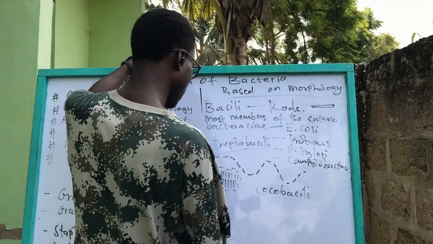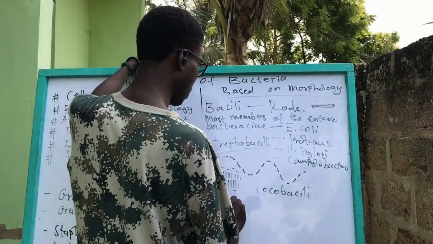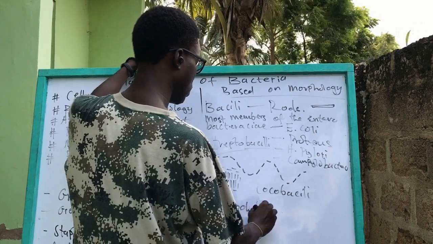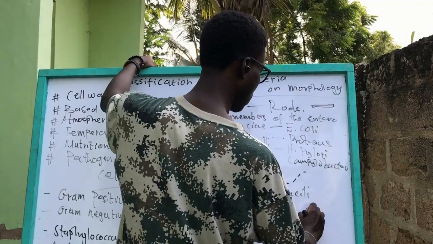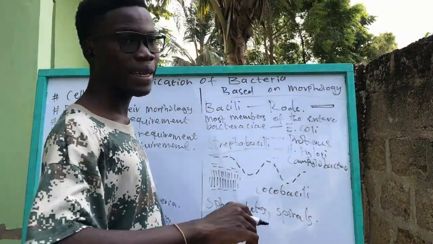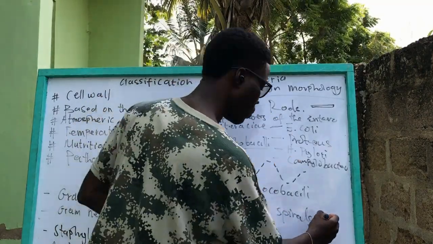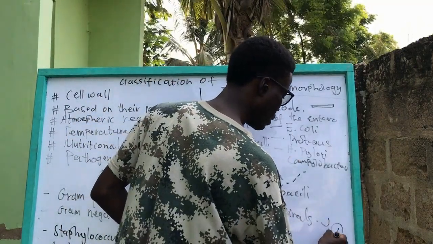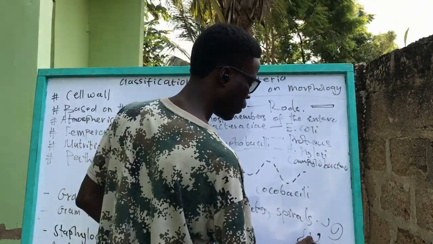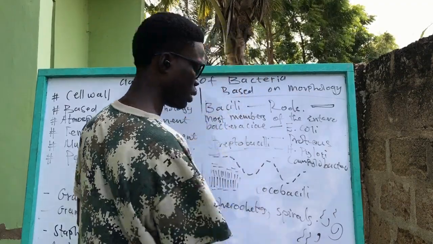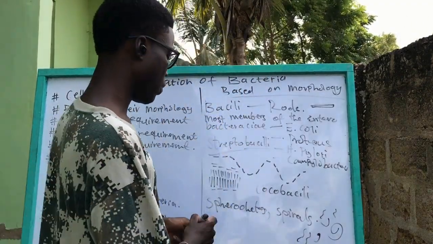Then we have the spirochaetes, or the spirals. They are like spiral forms. You can have the comma shape like the Vibrio, or the irregular spiral shape like Treponema pallidum.